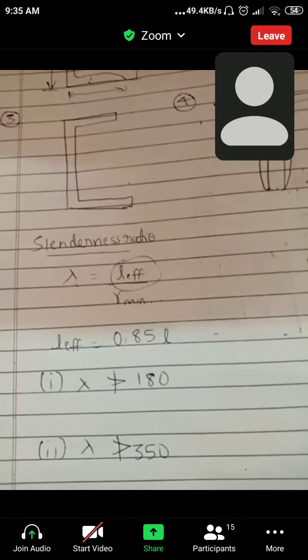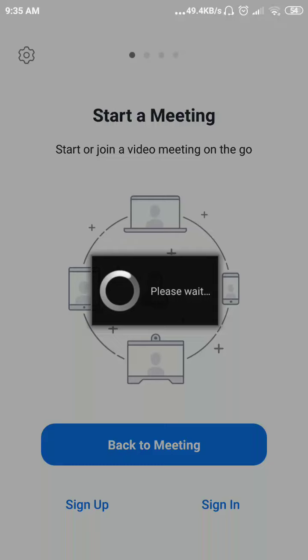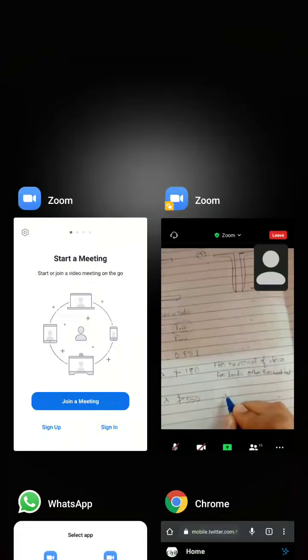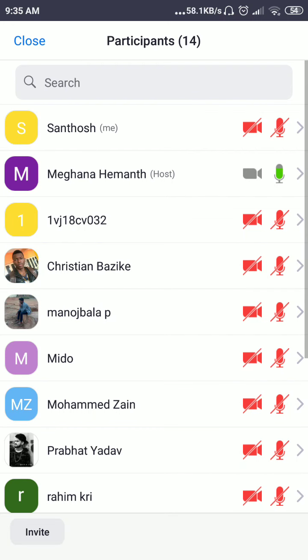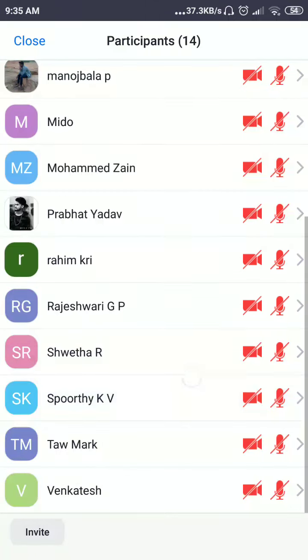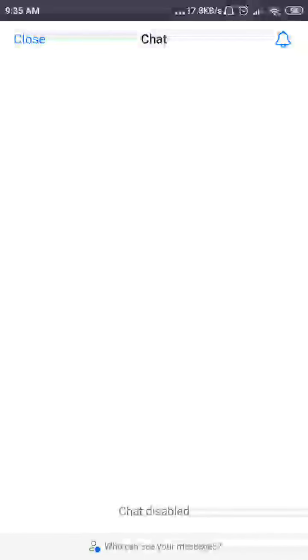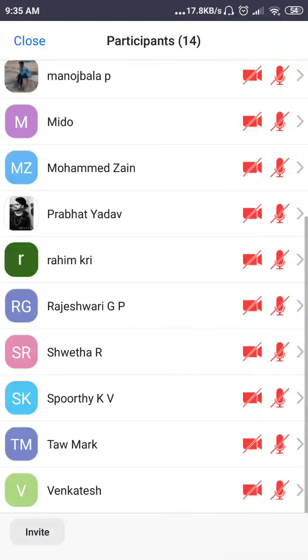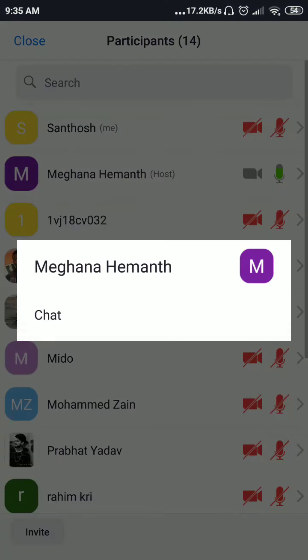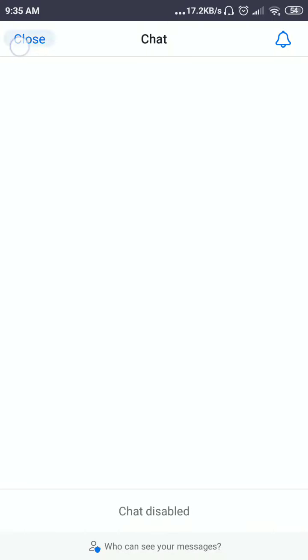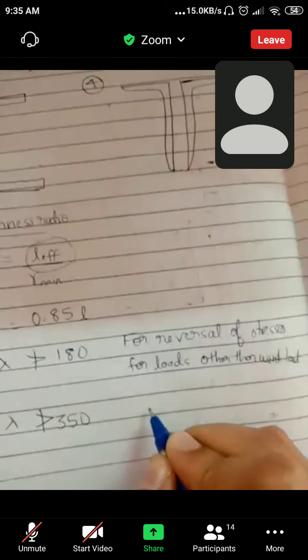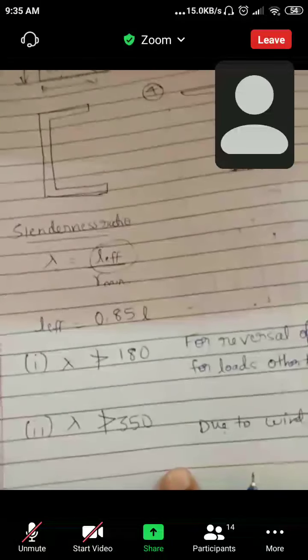Always, due to wind load, you have a greater value of slenderness ratio. So for wind load, we take a higher value, 350. For normal loading conditions, lambda should be within the 180 limit. If there is wind load, lambda should be within 350, because wind is a dynamic type of load, as you all know.